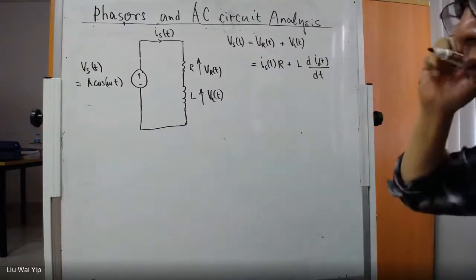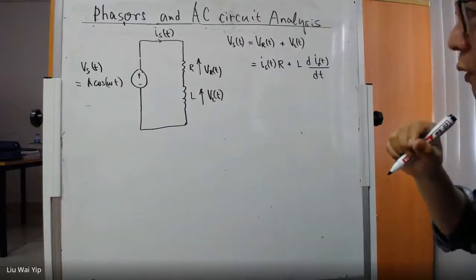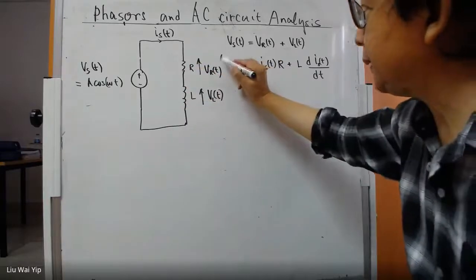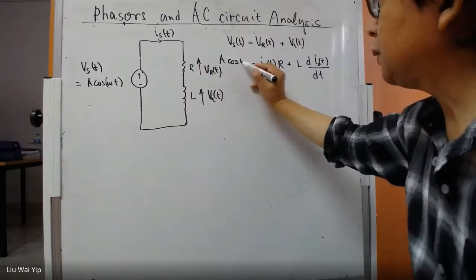This is due to the conclusion of Faraday's law. And the left side of the equation is going to be A cos omega t.